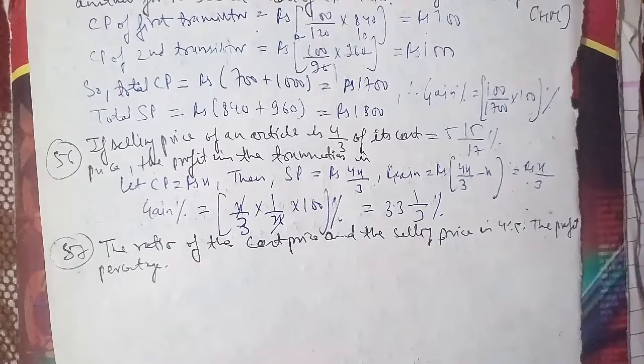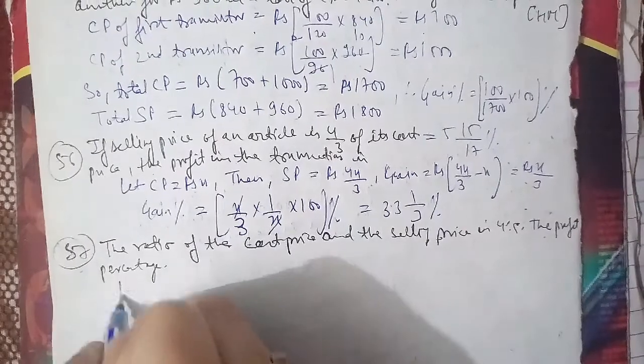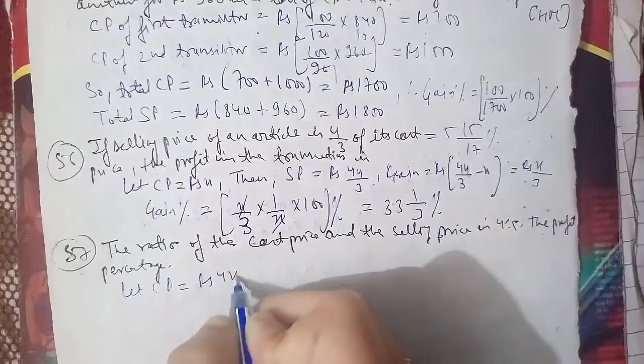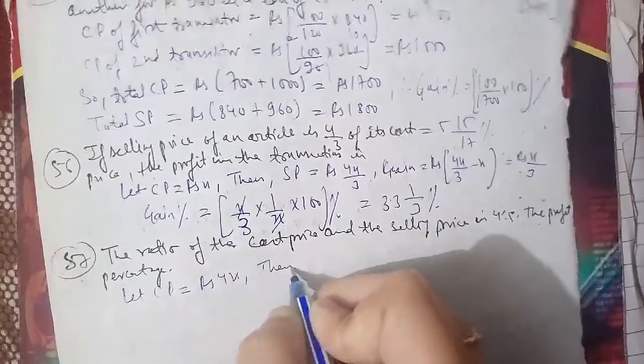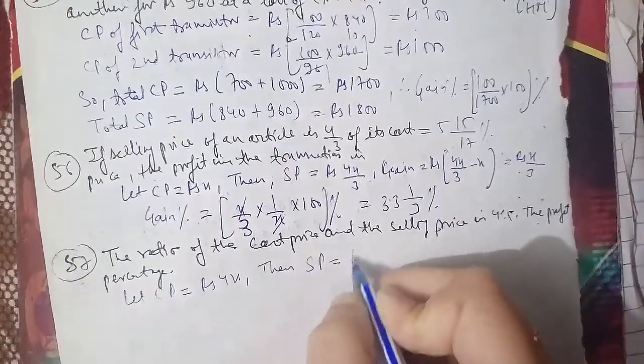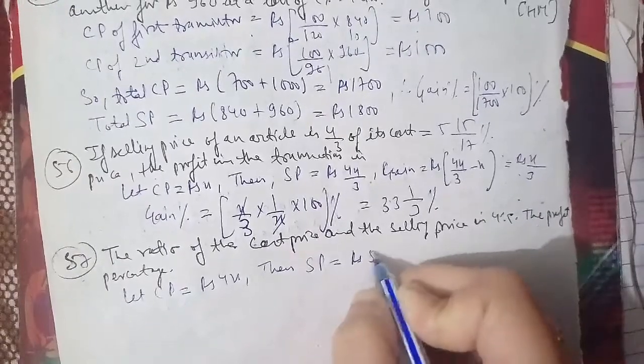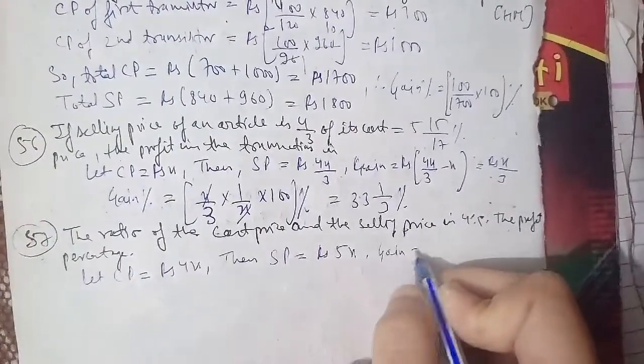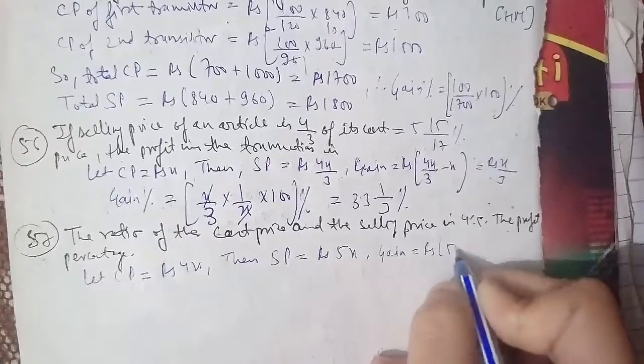So for the same we go ahead. Let CP equal rupees 4x, then SP equals rupees 5x. Gain equals 5x minus 4x, which equals rupees x.